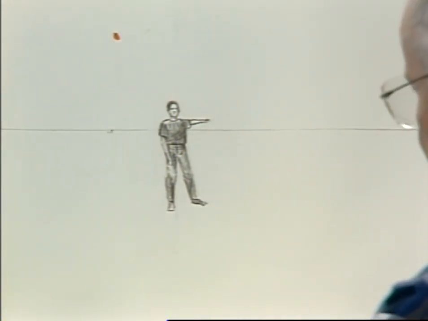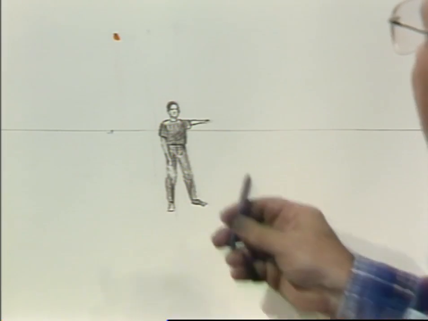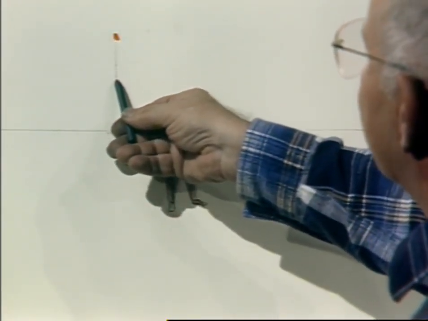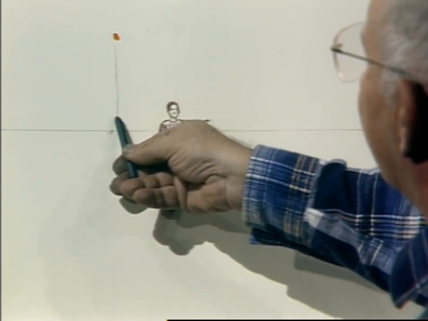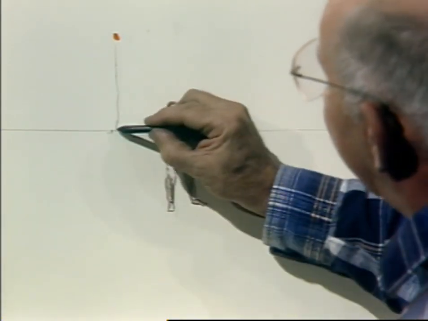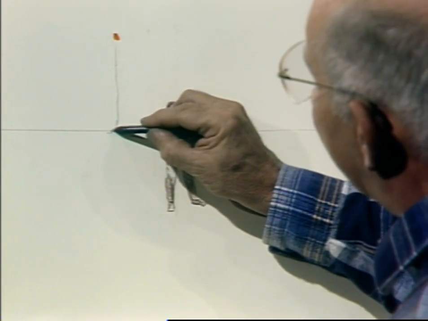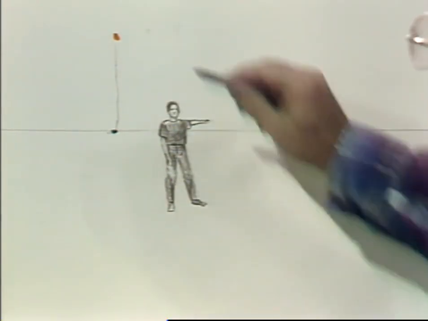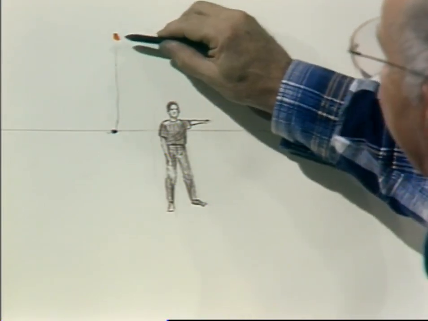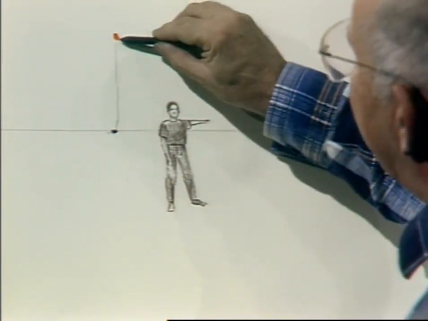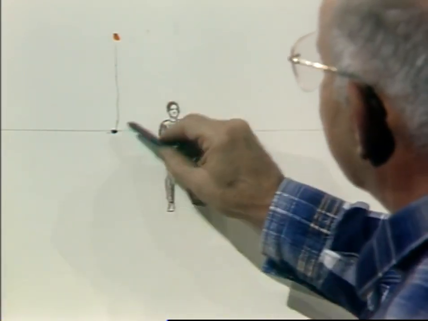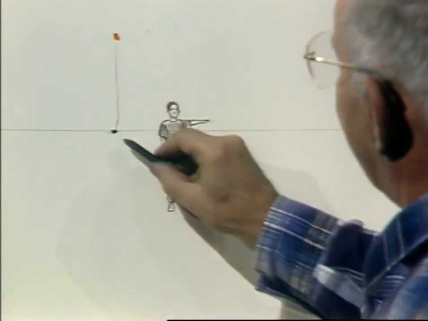Now, after you've established your light source, you need to come directly below the light source to the eye level line, and that will be the vanishing point of your shadow. That's important. The light source, and always directly below that on radiating light, will be your vanishing point for your shadow. Now, that's important because that gives the direction of your shadow.